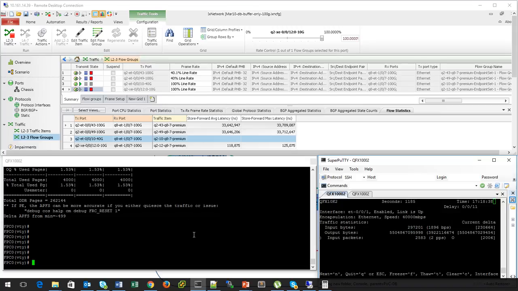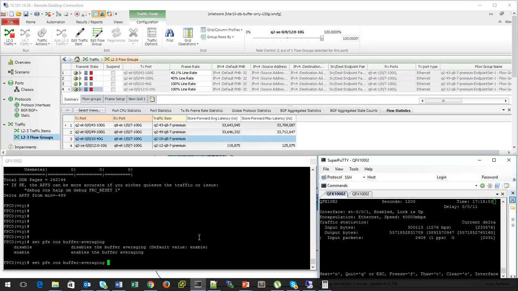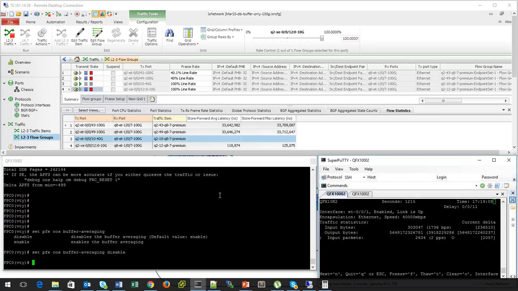For example, look what happens if I disable packet forwarding engine averaging of the buffer. At the moment, the default value is enable, so it is saying average buffer across PFEs. But if I disable this, let's see what happens.